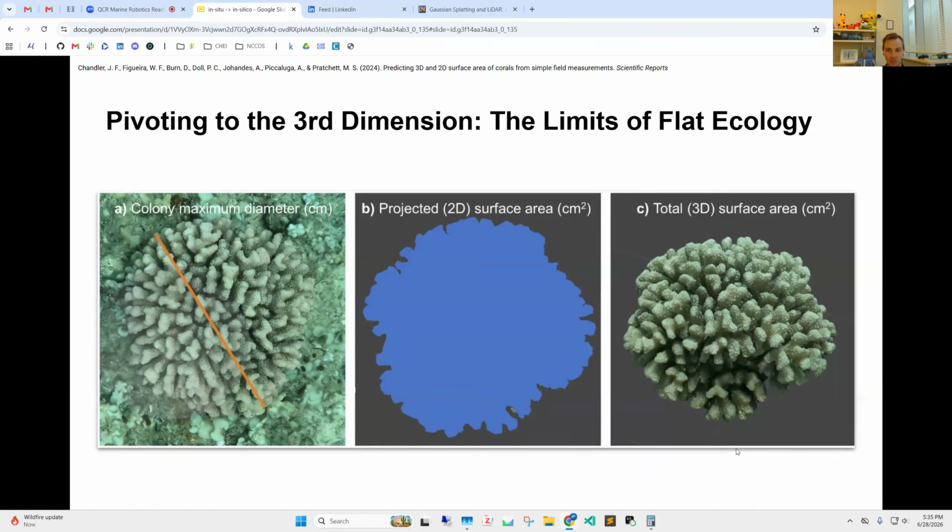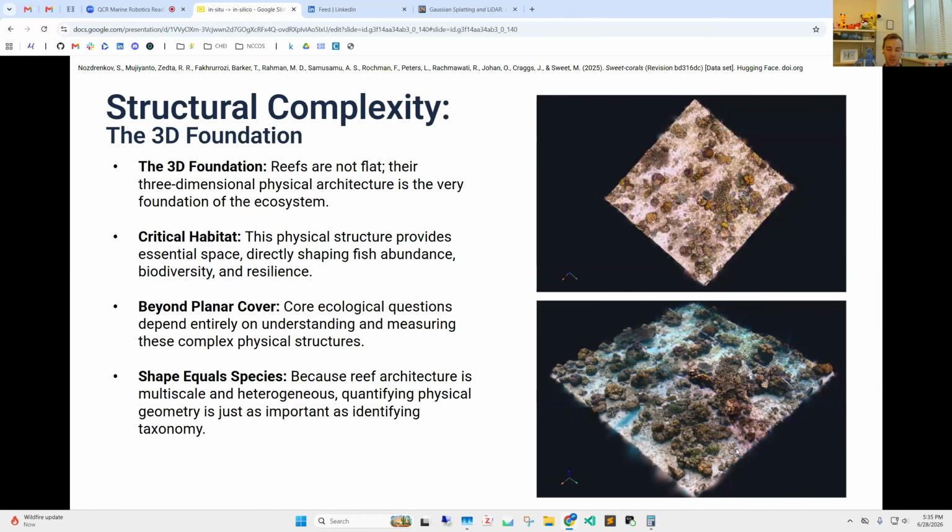It ignores the real physicality of the entire reef environment. Whereas with a 3D model, you can calculate true things like volume or height and other metrics related to the physical architecture, which highlights why the field had to pivot to the third dimension. Reefs are not flat plains, surprise, and a massive part of their ecological function is entirely dependent on their physical 3D shape.